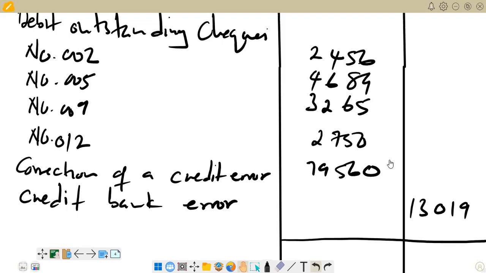Then we add 13,019. You're supposed to get 32,713. Then we also add the total of the debit. You're going to see that the total of the debit is 141,683. And that makes the total of the debit the greatest total. So it's supposed to come here in between the double lines, 141,683. And it has to come both sides.